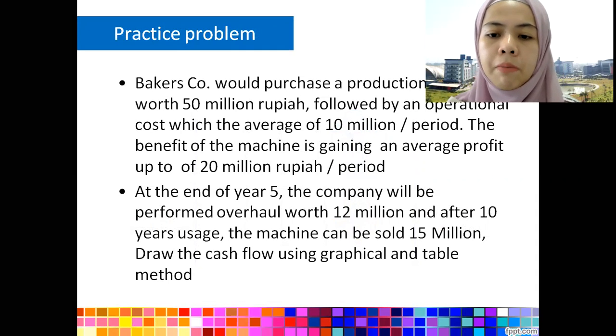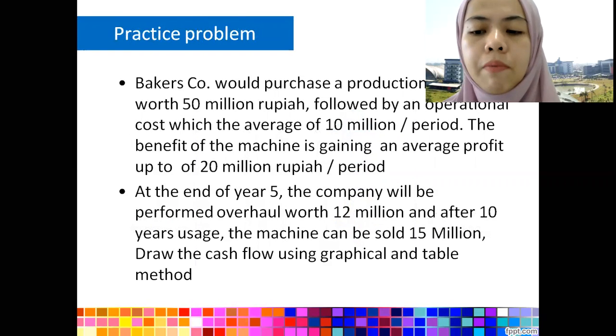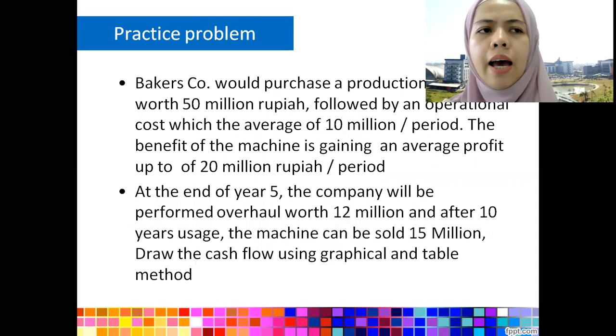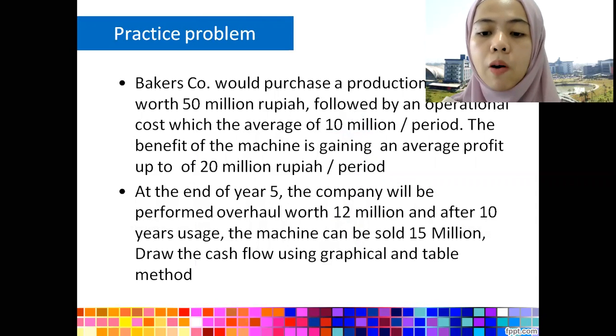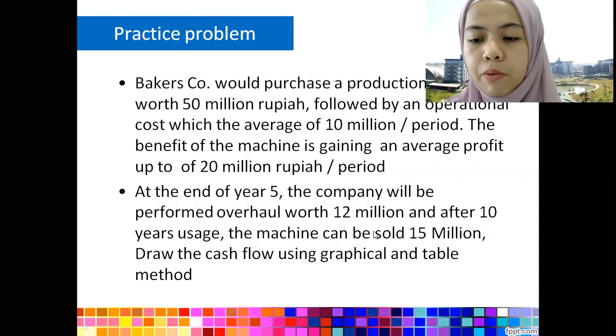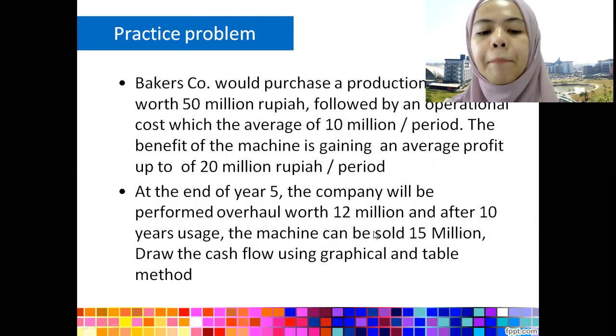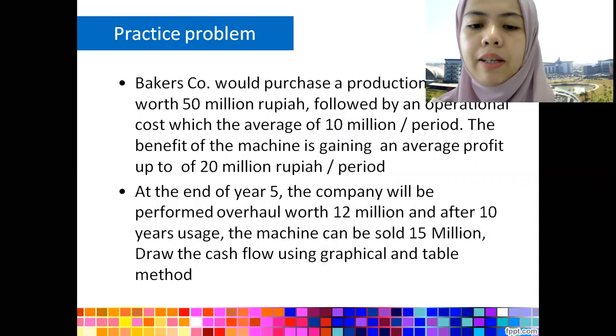The benefit of the machine is gaining an average value of 20 million rupiah per period. At the end of year 5, the company will perform an overhaul worth 12 million. And after 10 years of usage, the machine can be sold for 50 million rupiah. So just draw the cash flow using the graphical and the table methods.